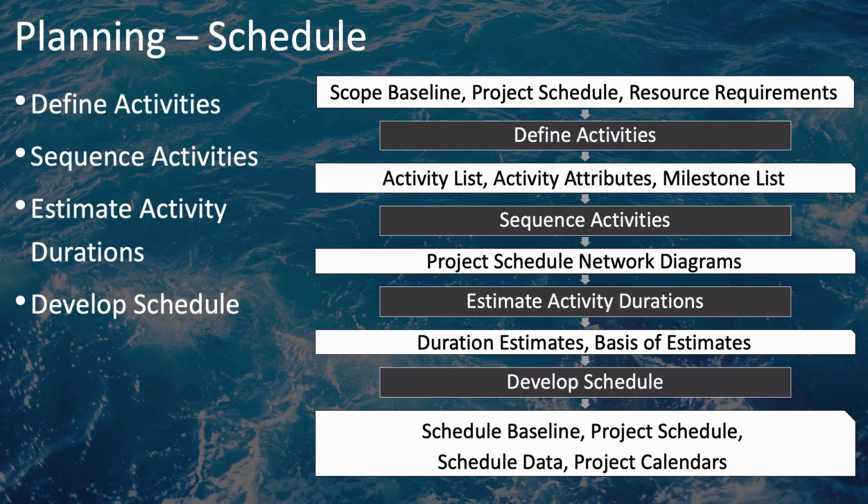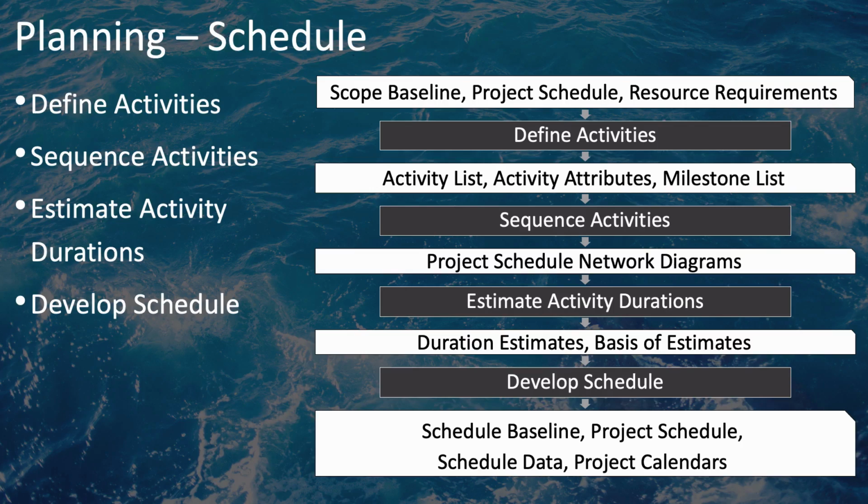The scope baseline, the project schedule if you've already got one and so you're reiterating through these processes, plus resource requirements are inputs to define activities. This information is then used to create an activity list, as well as activity attributes and a milestone list.